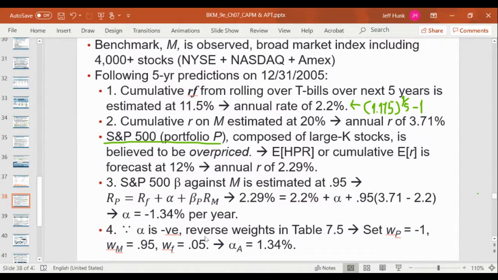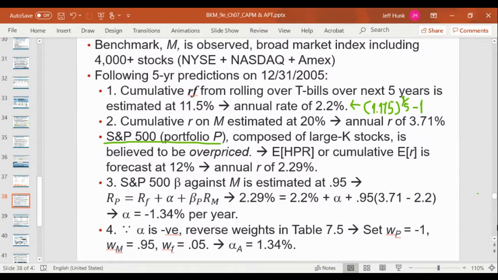And since alpha is negative, we reverse the weights in table 7.5. So we short the S&P 500, right? The weight in the S&P 500 is negative 1. The weight in the market is negative 0.95, and the weight in the risk-free T-bill is 0.05.